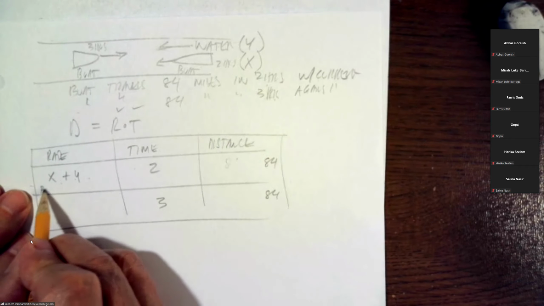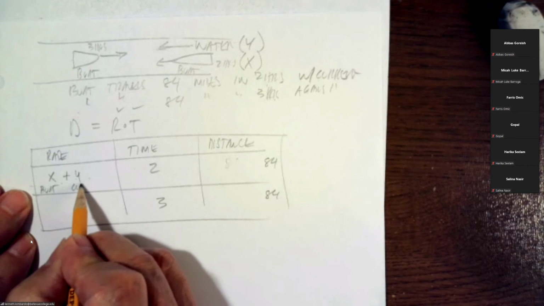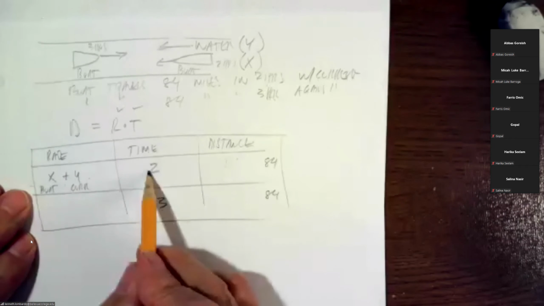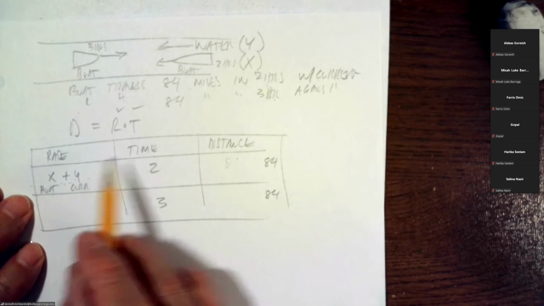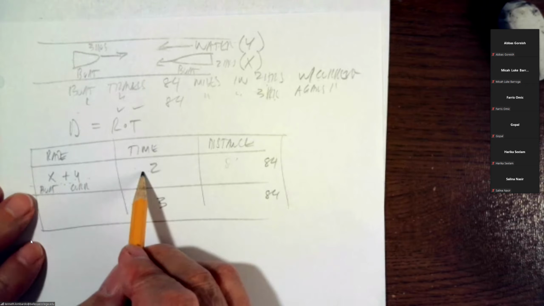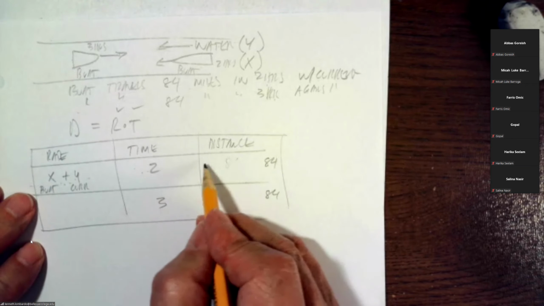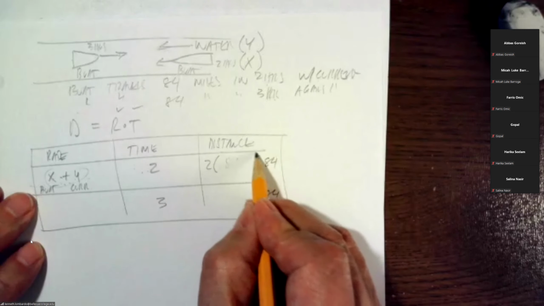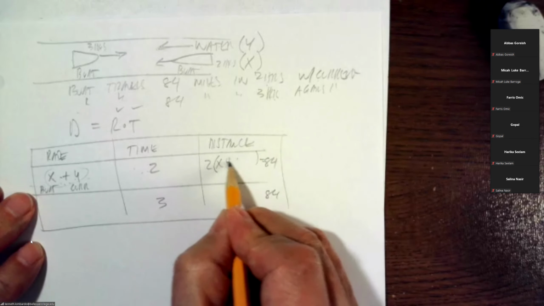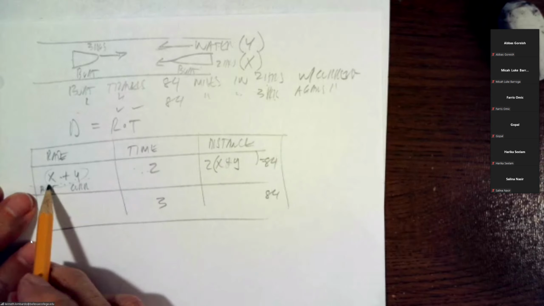So here's boat and current. In 2 hours, I can cover 84 miles. Distance equals rate times time. So this rate here times time, 2 times this value here, gives us 84 equals 2 times x plus y. So that's with the current.